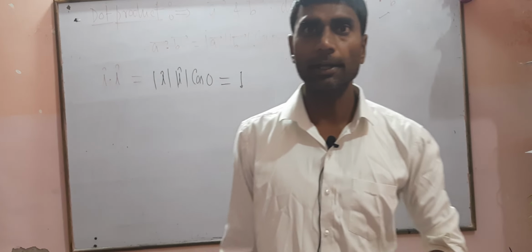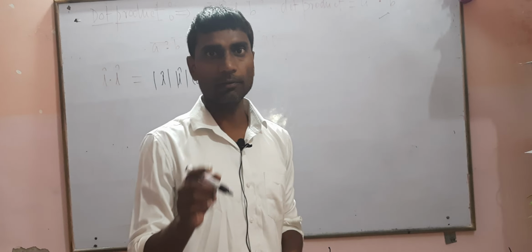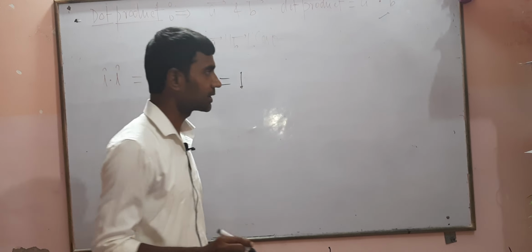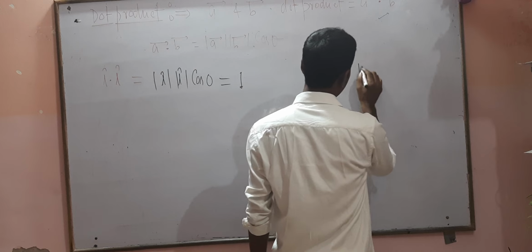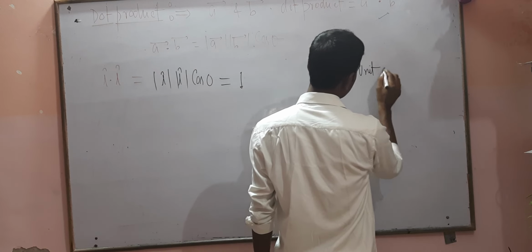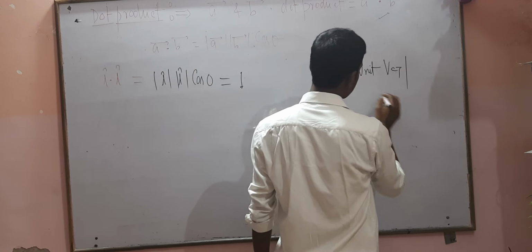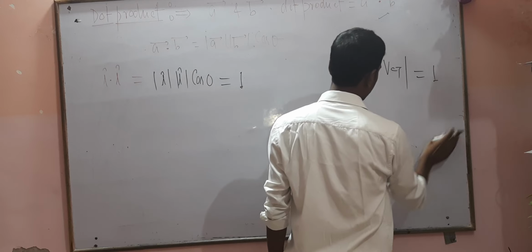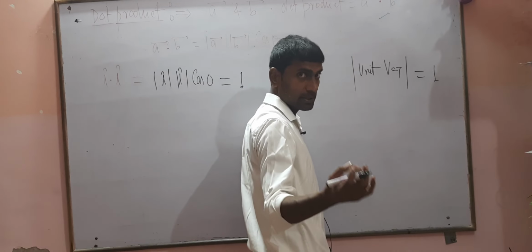I dot I equals 1 because the mod of any unit vector is always equal to 1. Let us do some proof.